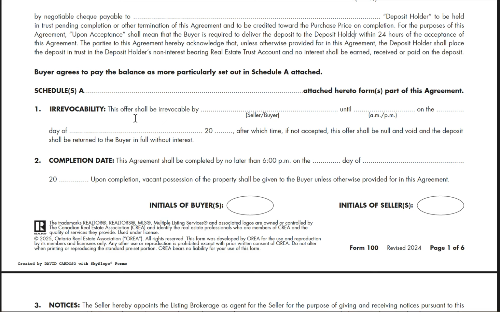Some of the most common ones would be financing terms, to confirm within 5 to 7 business days that the buyer is able to obtain financing. And if they're not able to obtain financing, then that allows the buyer to remove themselves from this purchase without any penalty. Another common one is home inspection.